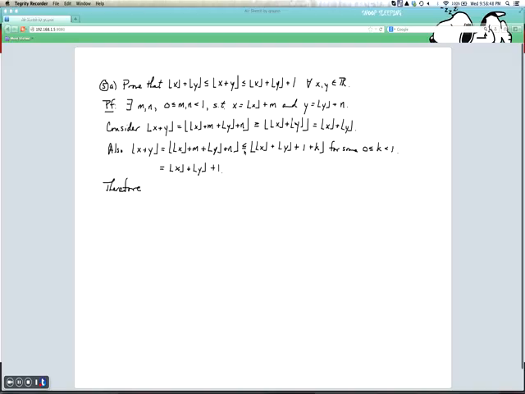So we've actually combined it, therefore, what we're trying to show. That is less than or equal to this, which is less than or equal to the same thing plus 1.